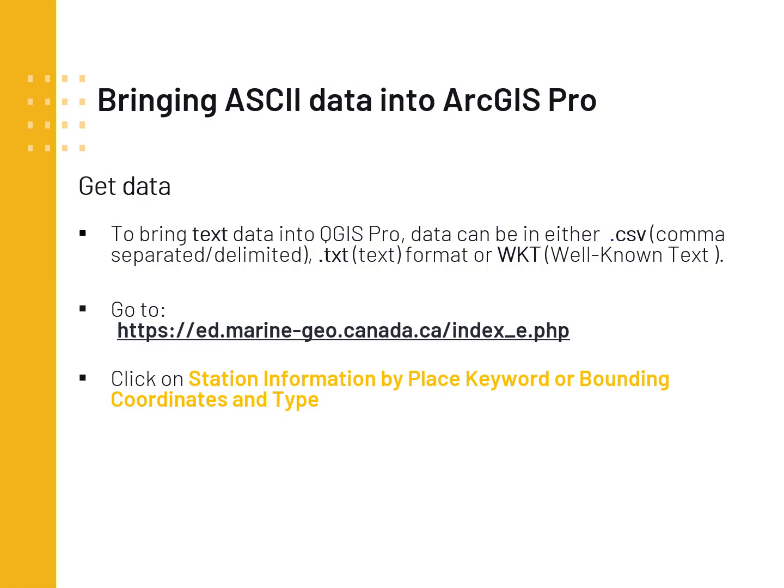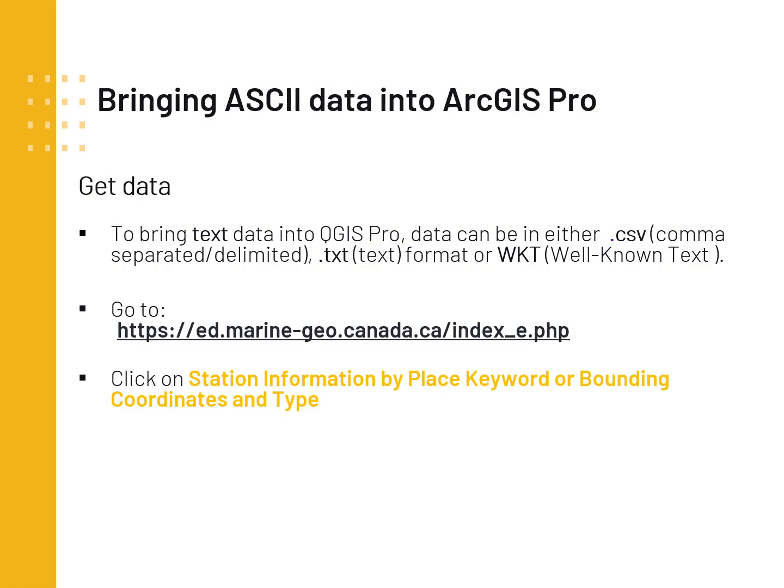So to bring in text data into Q, the data can be in a couple of different formats. It can be either .csv, which is comma separated or comma delimited values, .txt, which is typically a tab delimited format, any other sort of delimited format, as well as WKT, which is well-known text format.